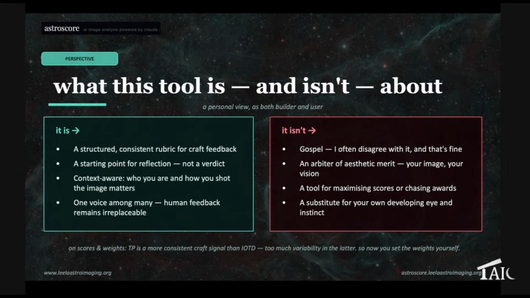It's what I want from that image. And also, the tool isn't a substitute for developing your own eye and instinct. What I found is the feedback of the tool helps me train my eye. So when I'm processing something, I will pick up things slightly faster, slightly quicker. And I guess that's just the learning process.